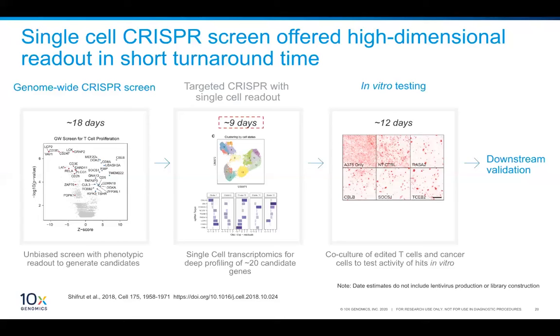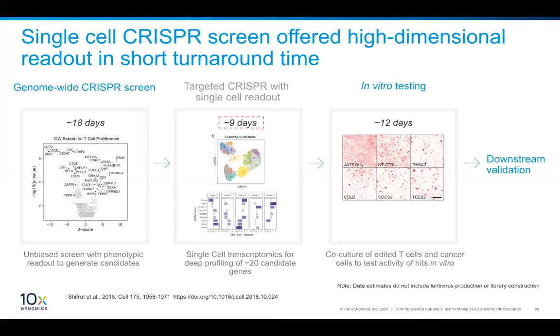Now, using the 10x strategy compared to the traditional methods, there are 2 key steps in the workflow that are substantially reduced in time. Number 1, after stimulating your cells, you will only have to keep them in culture for 2 to 3 days before running them through the 10x assay, because it only takes a few days to see the impact of a guide RNA on the perturbed transcriptomes.